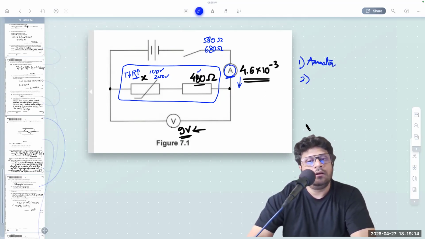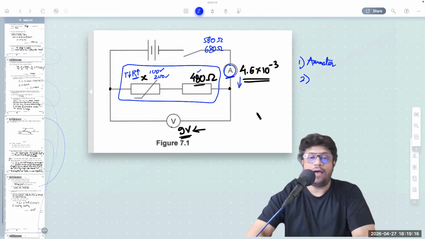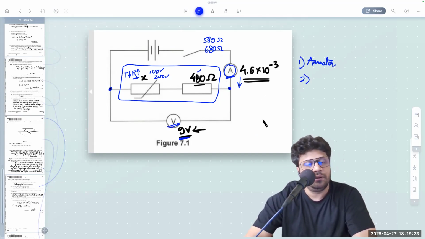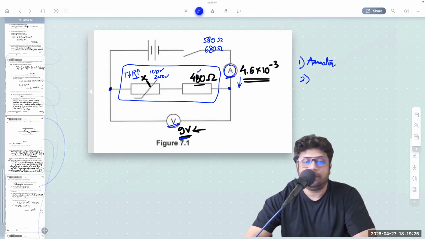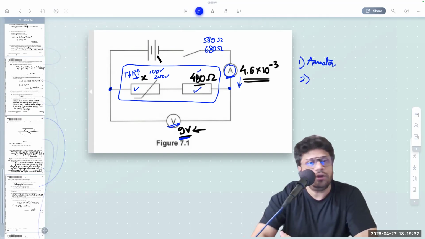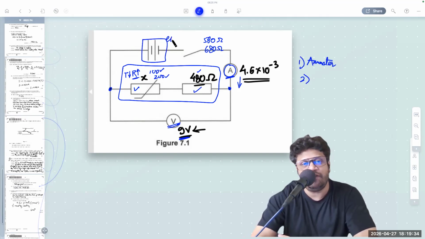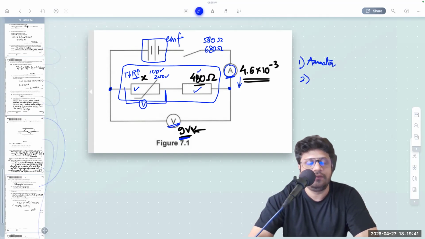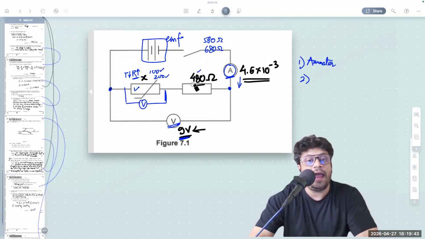Second, about the voltmeter reading. Now, see, this voltmeter is connected at those two terminals. So it reads the overall voltage that these two are experiencing together, or you can say it's literally measuring the EMF of the battery, the way it is connected. If it was somewhere here, I would have agreed with a few answers.